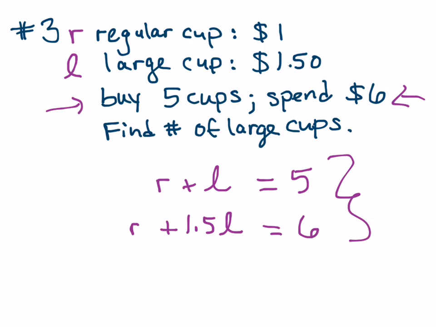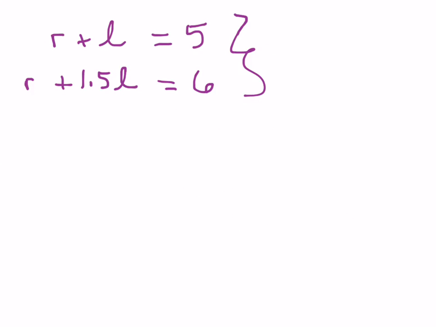We need to solve, and you can choose either R or L. In the first equation, both of them have a coefficient of 1. So if you choose R, for example, let's do this one on the next page. Okay, so let's solve this one for R by subtracting L. And then replace that in the second equation.